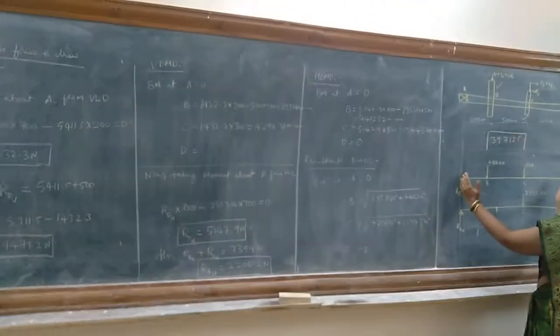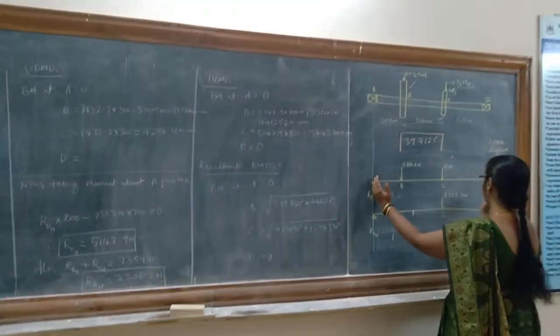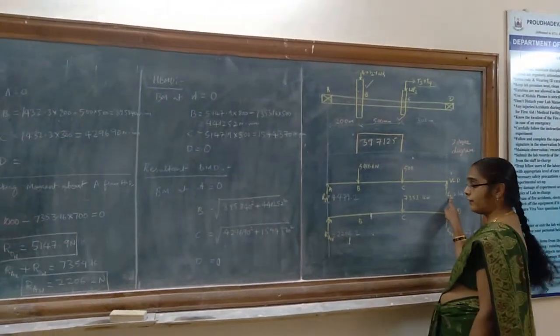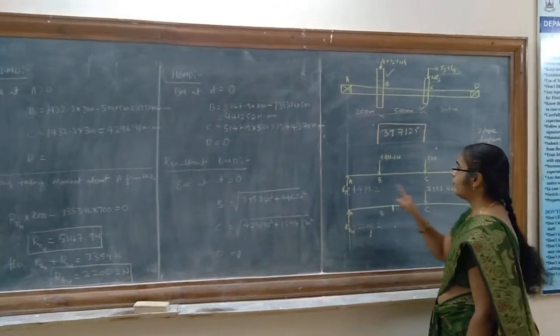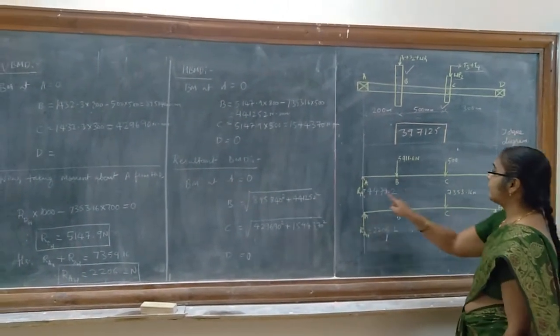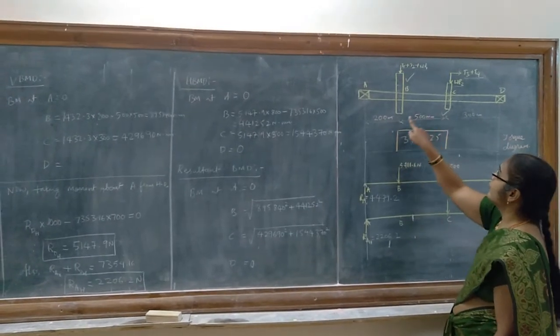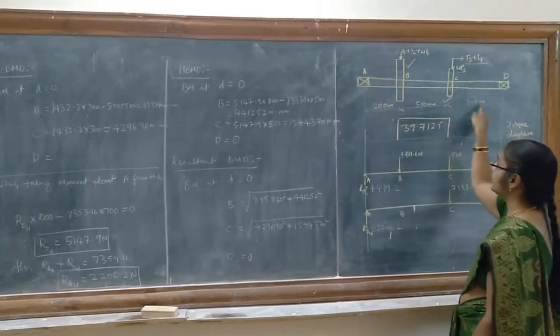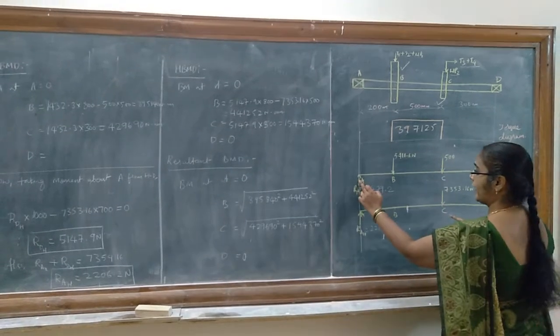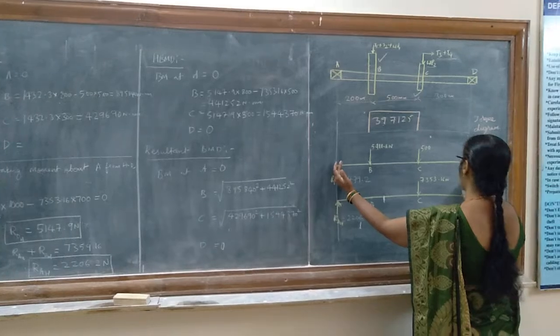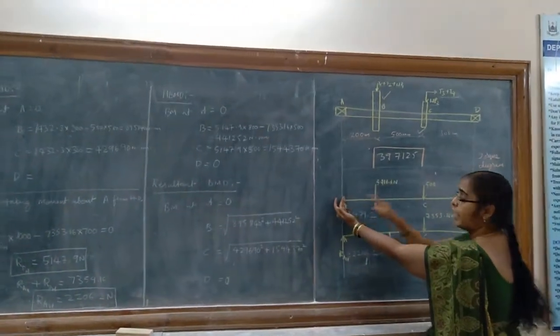The extreme one is RDV into its span from A, so RDV into a distance of 1000. You can see that from here to here it is 300 plus 500 plus 200, so it becomes 1000 mm. So the bending moment at A will be RDV into 1000.